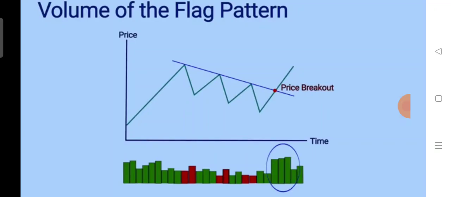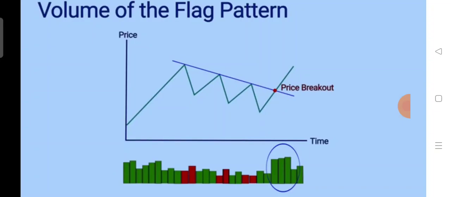If on the breakout or breakdown the volume is on the higher side, then we can be a little bit more assured that the technical breakout or breakdown that is happening is sustainable. So initially the volume should be high during the initial move, then during the consolidation the volume slowly dies down, and then during the next leg of the move, volume should pick up. This is the ideal situation.